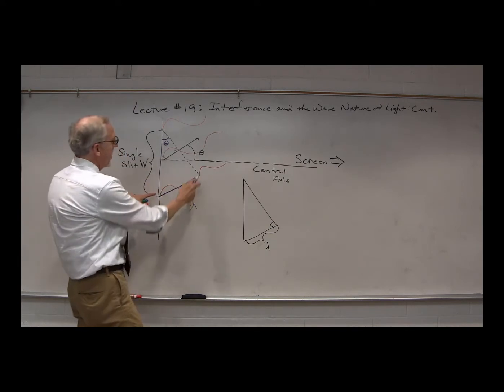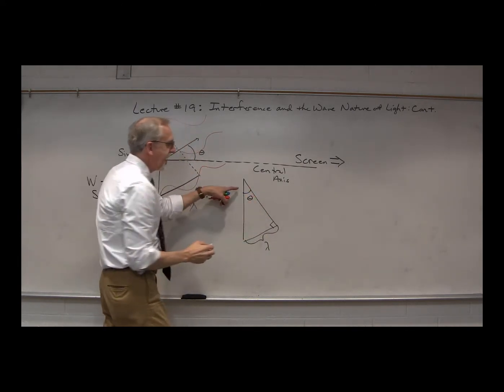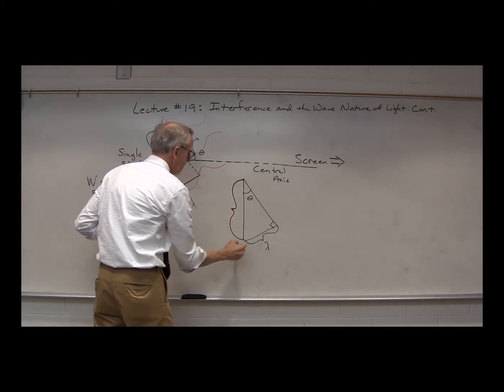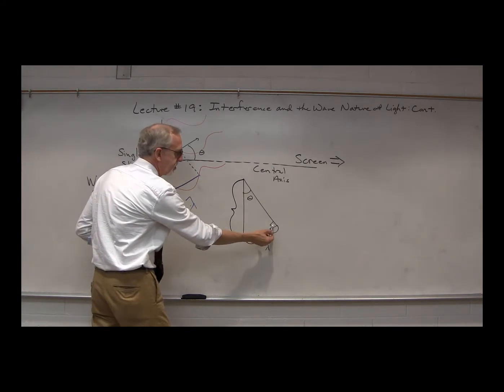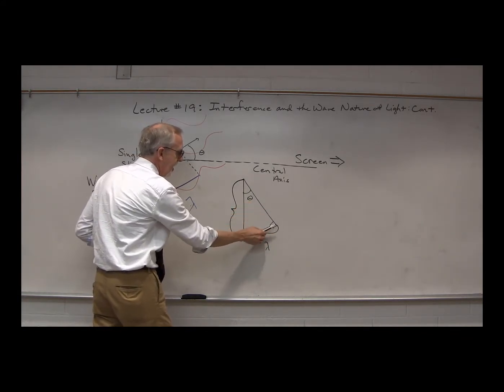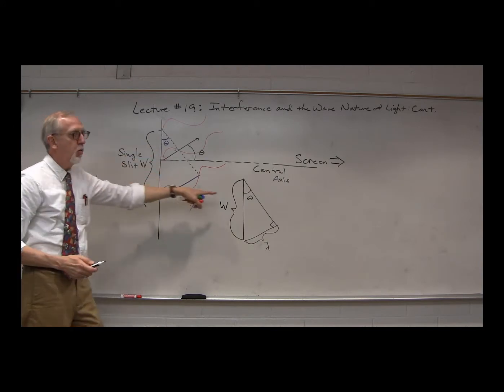We want this path difference to be lambda. This angle is theta. The hypotenuse, because this is a right angle over here, the direction, which is perpendicular to this side, is going to be perpendicular to here. That is the slit width. So what do we want?